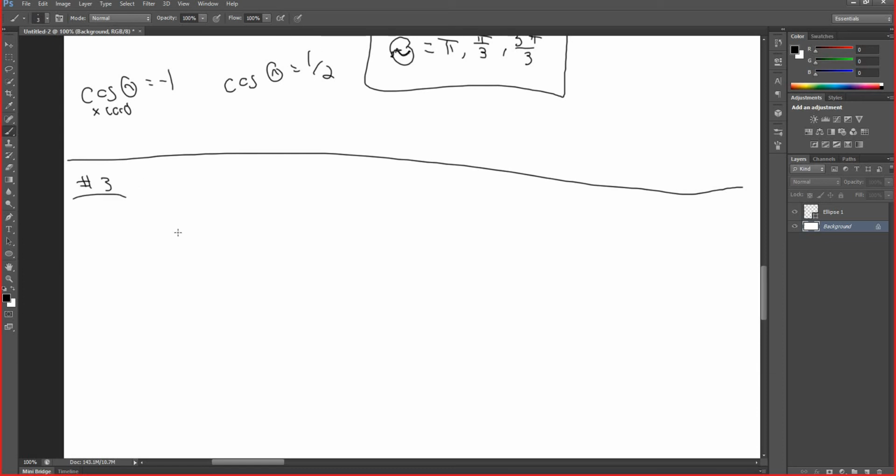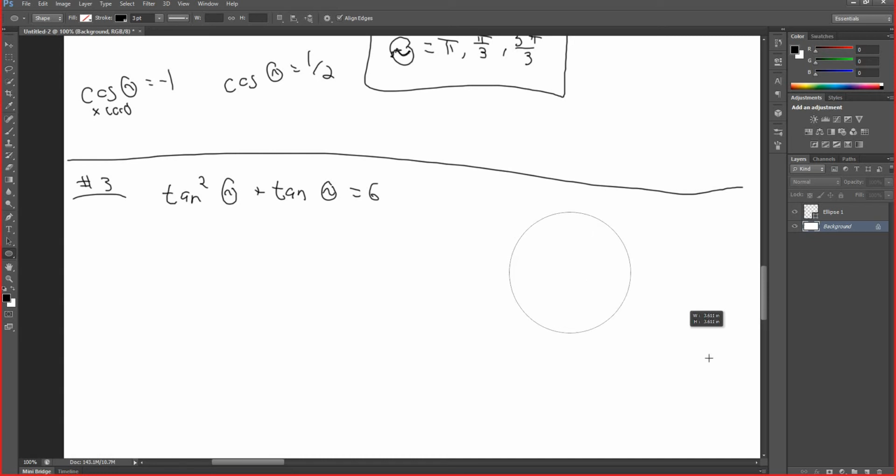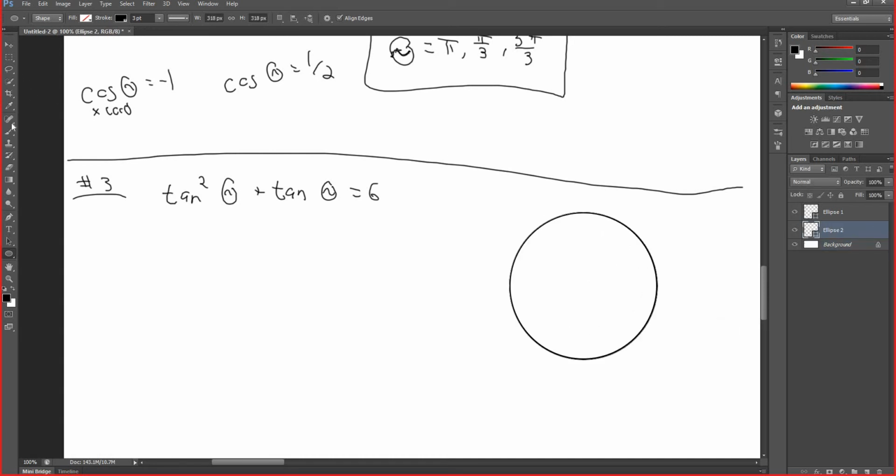For here, we've got tan of theta squared plus tangent of theta equals 6. I'm going to quickly make a new circle. What is tangent as a fraction? I think x over y. Close. Or is it y over x?